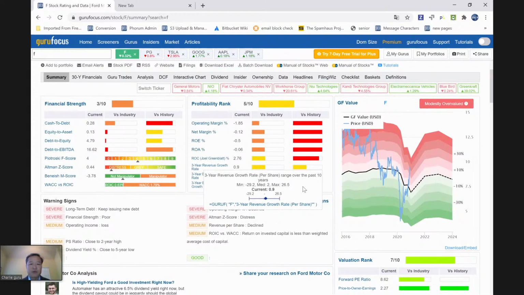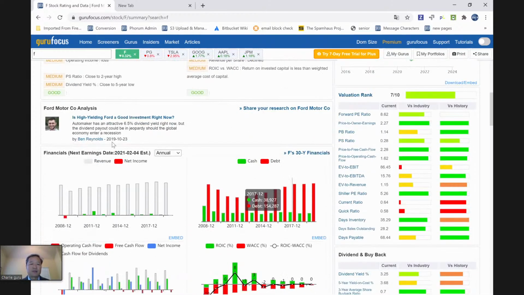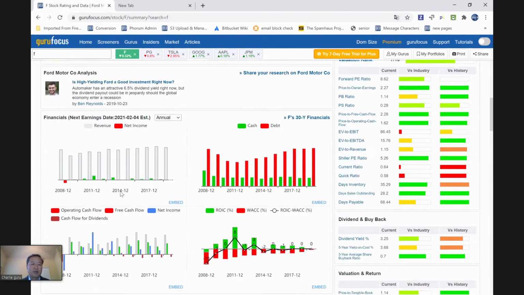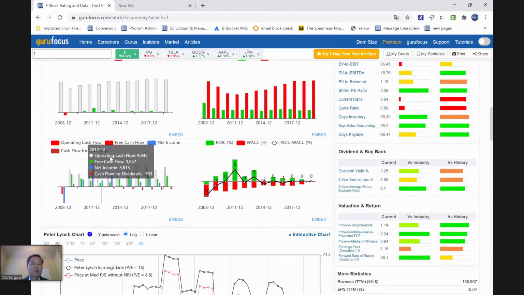Okay, this is the summary page, and as you come down here, this chart shows you the historical profitability of the company. I think it's a very good overview. Historical revenue and earnings. This is the balance sheet, the cash and relative debt. If you're a dividend investor, you want to pay attention to whether the cash flow can cover the dividend, and the earnings, the net income.